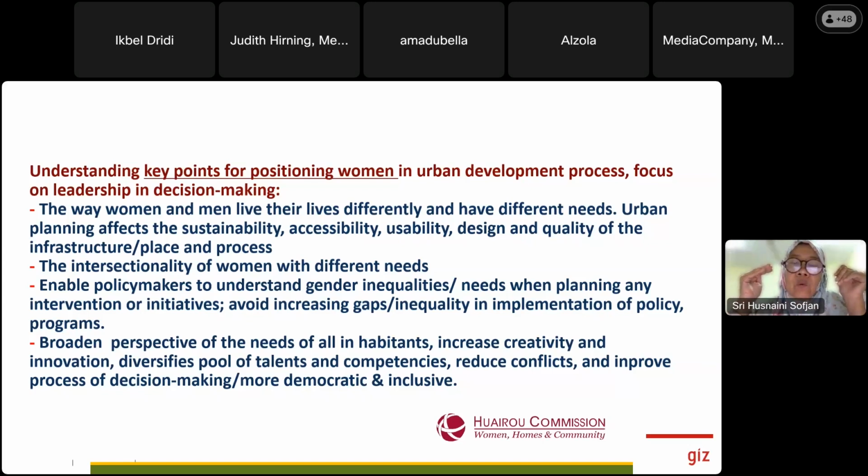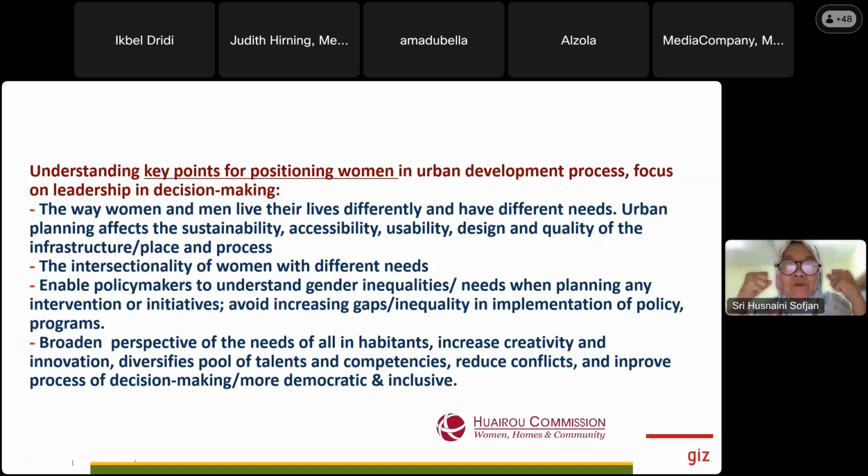By including women in the decision-making process, we hope policymakers can understand gender inequalities and needs when planning any intervention or initiative, avoid increasing the gap and inequality, and give women and men equal opportunity for a better life in the urban areas.